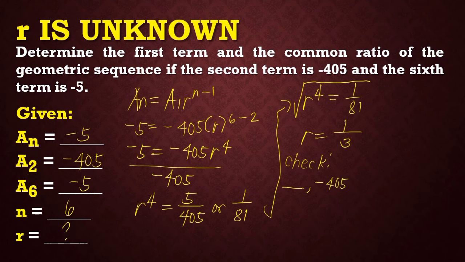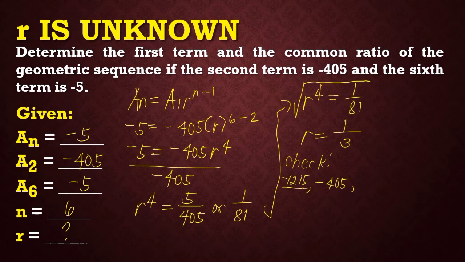So, para po makuha yung first term, ang gagawin lang natin, imbis na magdi-divide tayo ng 1/3 para makuha yung first term, magmumultiply tayo ng 3. Okay. So, negative 405 times 3 is negative 1,215. Okay, kasi kapag dinivide natin yung second term na negative 405 sa negative 1,215, ang makukuha ratio is 1/3.